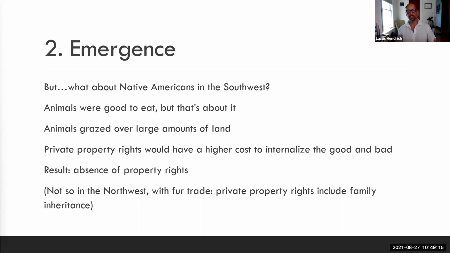But on the other hand, in the Northwest, not only do you have property rights, but they include family inheritance. So also including that externality of the future, of what's going to happen on that land, particularly in terms of hunting fur. But you can imagine that in other cases, just sustaining land, internalizing that externality with a right that includes keeping that concern within a family.